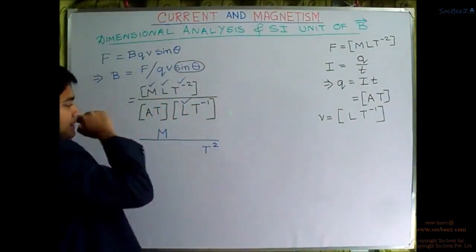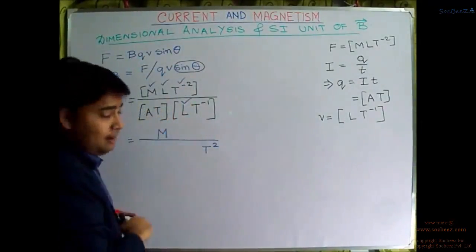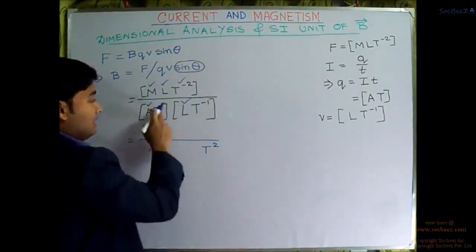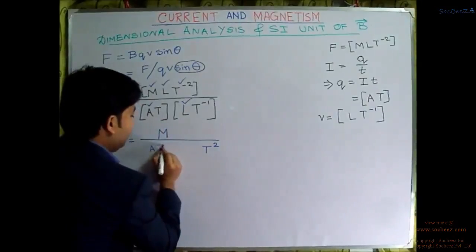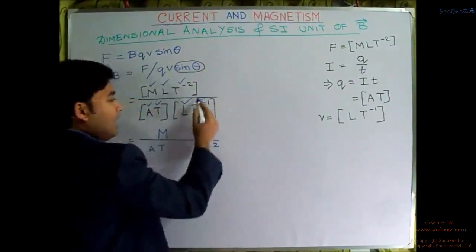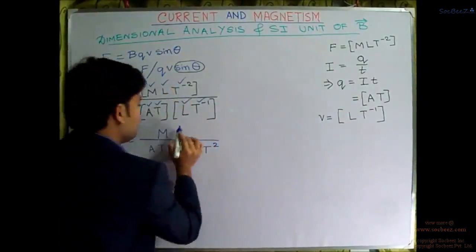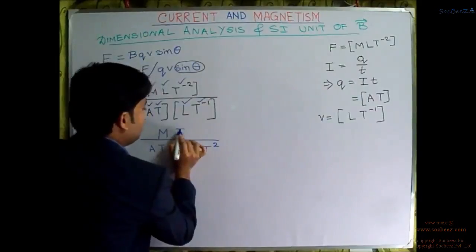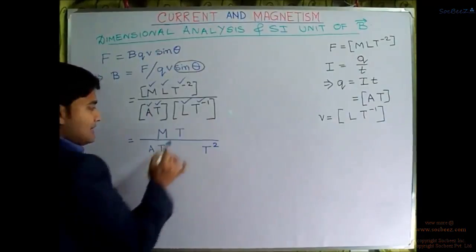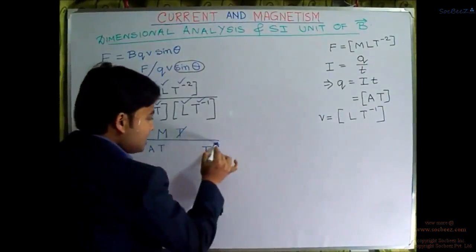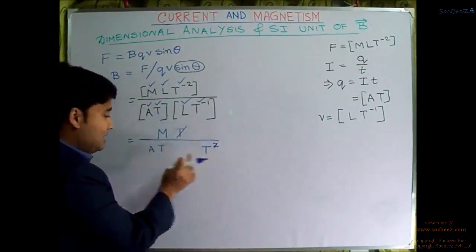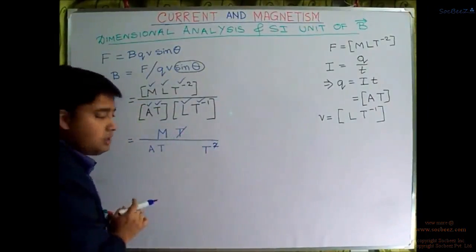Now on the denominator side, see, there is A. We can write this A. There is again a T. We can write this T once again. And T to the power minus 1 will be transferred to the numerator side as T to the power plus 1, or T, right? So we can see that this T will cancel out one T in the denominator, leaving only T squared in the denominator.